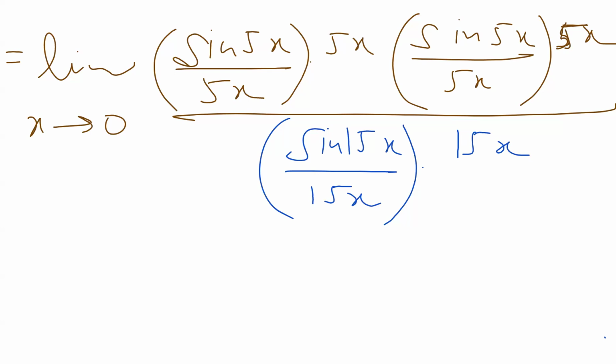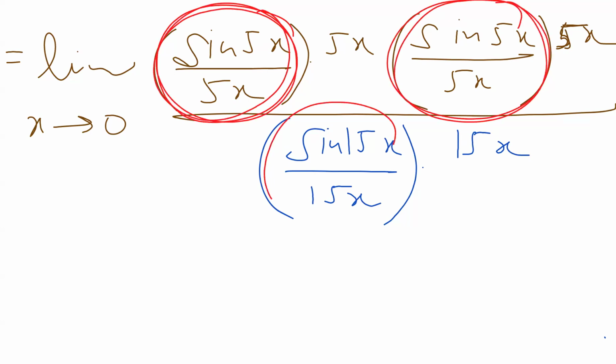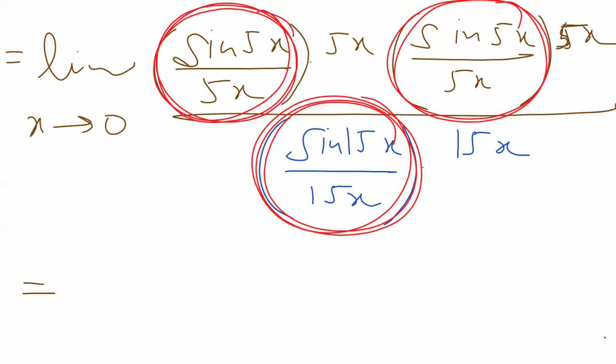Now see, the ones which I'm marking in red. Now these red circles are what? These are one. Now this x and this x will get cancelled.